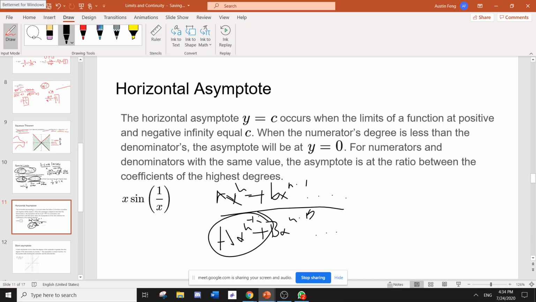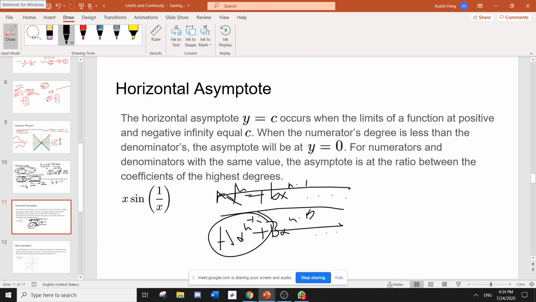So when we let x go to infinity or negative infinity, this will be the biggest term out of all the terms. So when x becomes very, very big, all these terms will be insignificant. So it'll be 1 over infinity, and the limit of 1 over infinity is equal to 0.